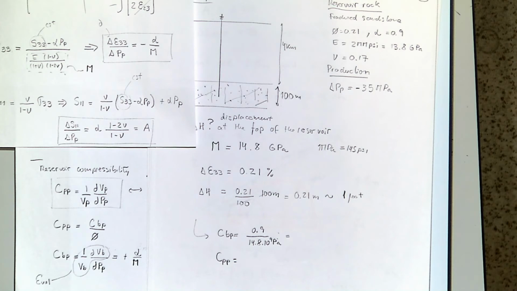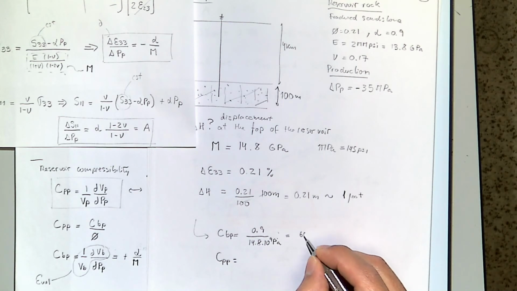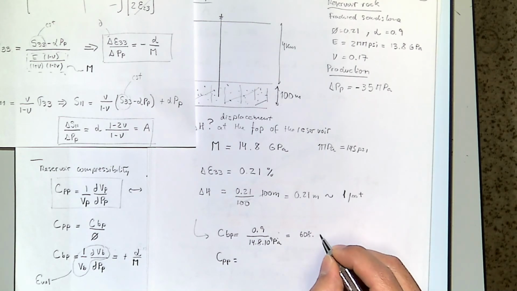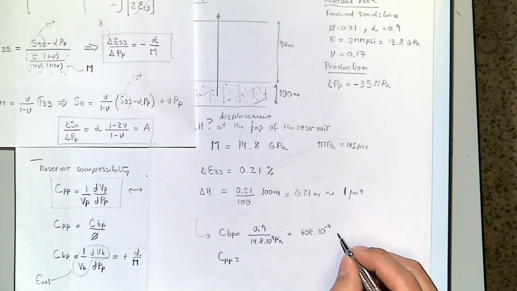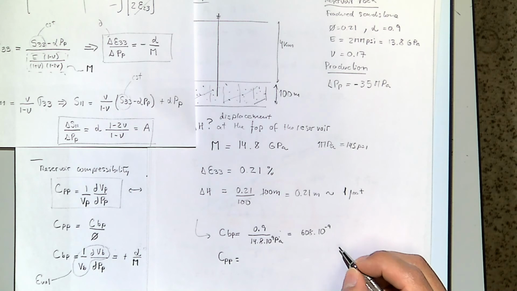Is it 6.08 times 10 to the power of negative 11? Maybe 608 times 10 to the power of negative 9? I'm not sure, but we'll verify in a bit.